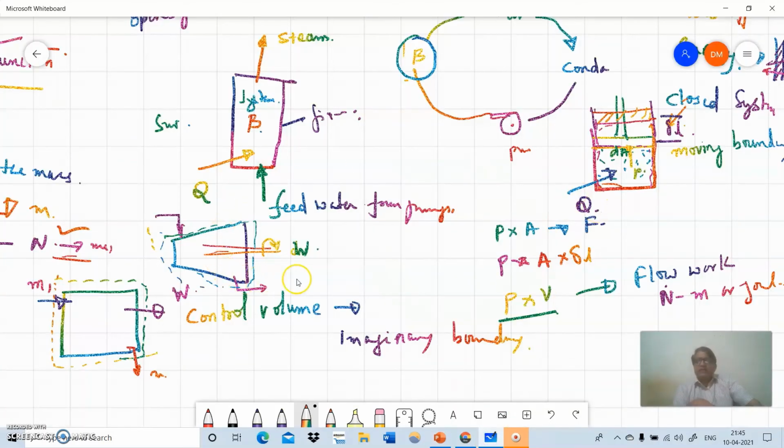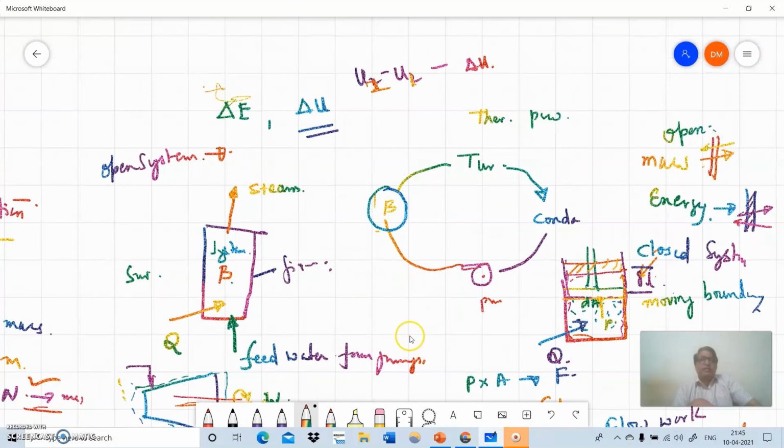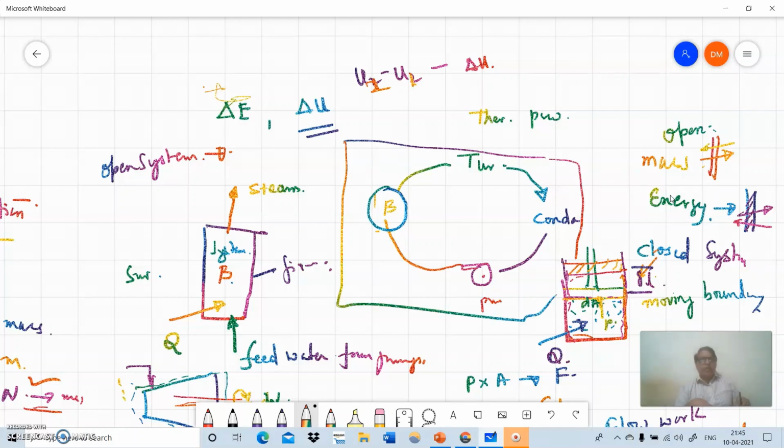If you take a power plant, this is the surrounding to that, and if I take this as a universe, and this as a system, then in this system the turbine is an isolated system.